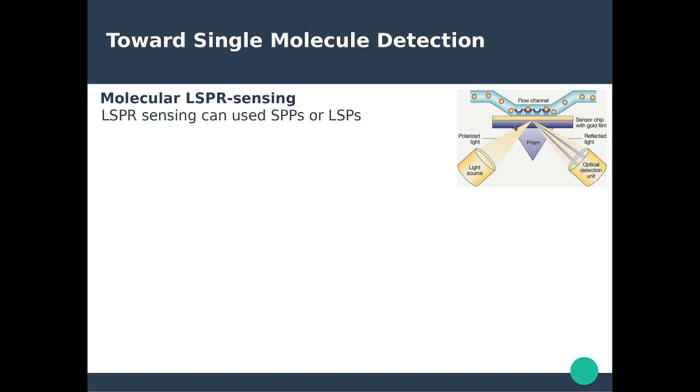If you use a metallic film, you excite this in total internal reflection, you generate those evanescent modes, those SPPs at the surface, and then you have this flow channel where you have those molecules that can be functionalized at the surface of the gold, and then you can try to detect binding and unbinding events of those molecules in the vicinity of the gold surface.